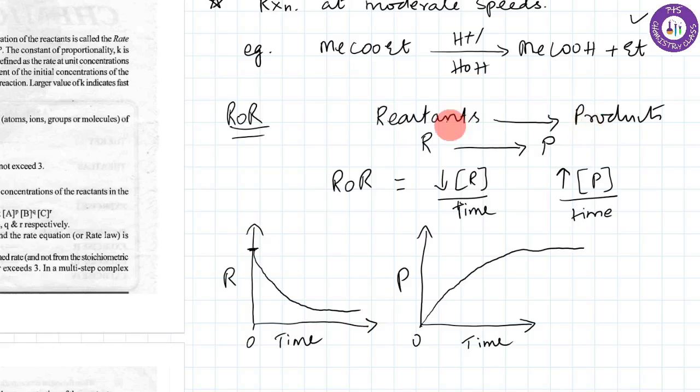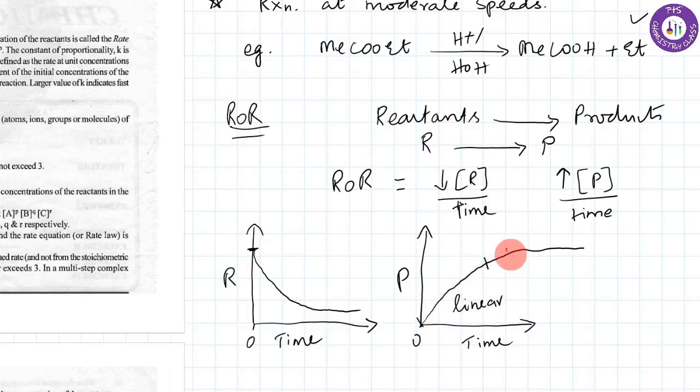If we take more reactant, we get more product; if we take less reactant, we get less product. After all the reactant is used up, the concentration of product does not increase, and that is why you get a plateau here. So you have to define the two parts of the graph. In the first part there is almost a linear increase in the concentration of the product because more reactant is getting converted to product.